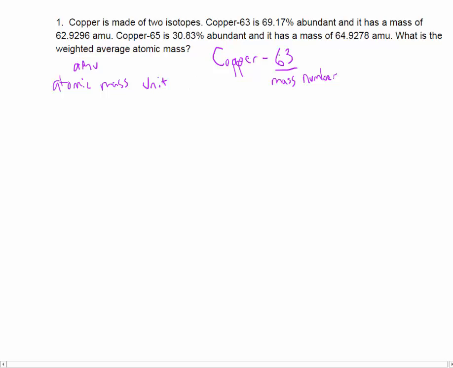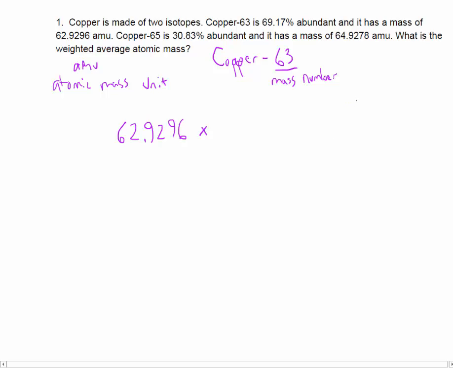To calculate the weighted average atomic mass of this, though, which is what you'll have to do in your test, this is really simple. All you have to do is take the mass, so in this case the 62.9296, and multiply it by its percent abundance, which is 69.17.